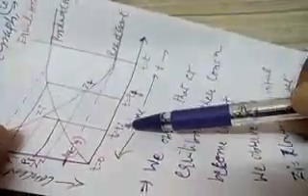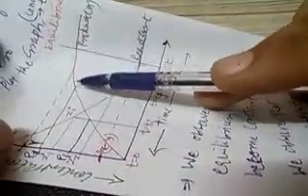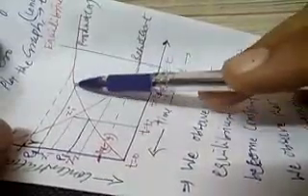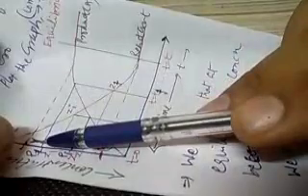Now let us choose a time interval between these two. The first time we call t equal to ti, that means initial time, and t equal to tf, that means final time. In between, for the product, the initial concentration is Pi and the final concentration is Pf.